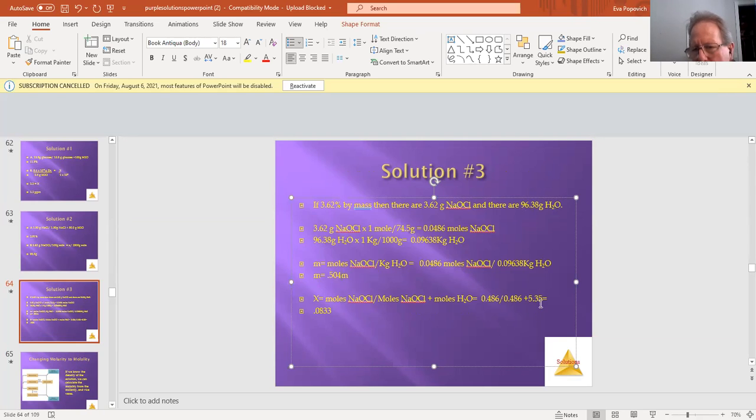That gives me 5.35. The mole fraction is the moles of the sodium hypochlorite divided by moles of sodium hypochlorite plus the moles of water. I do that math out, I get a mole fraction of 0.0833. For the most part, guys, this is dimensional analysis. Any questions?